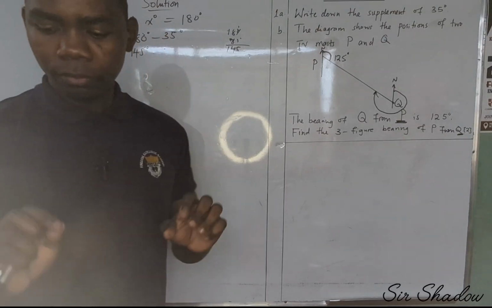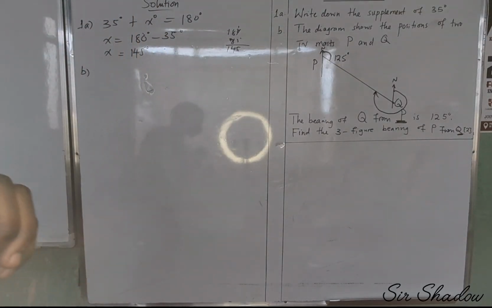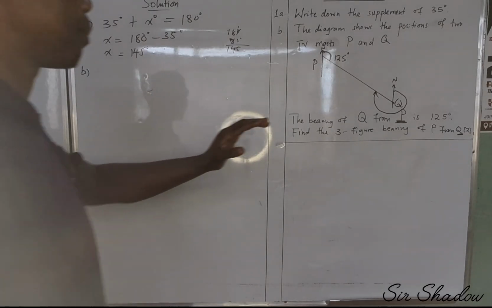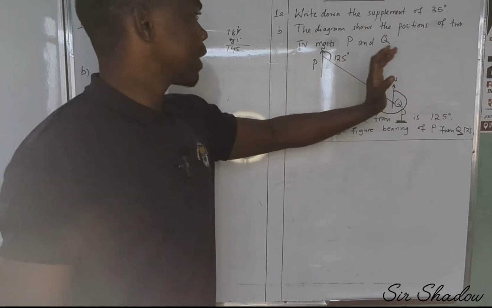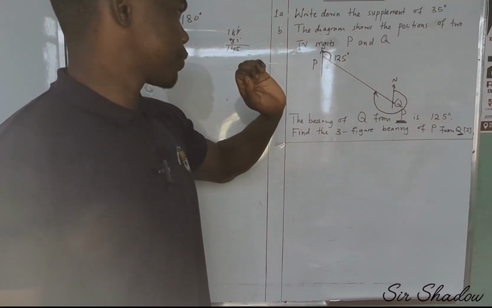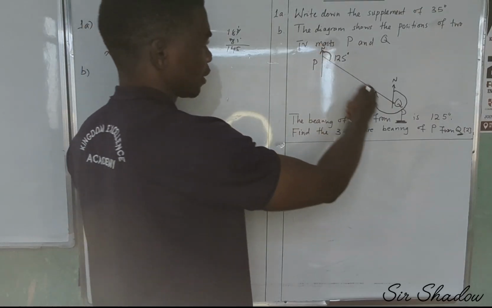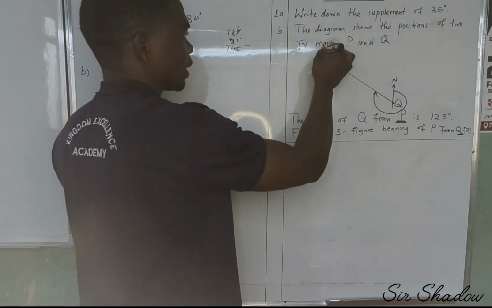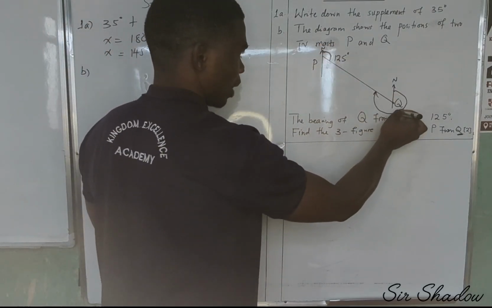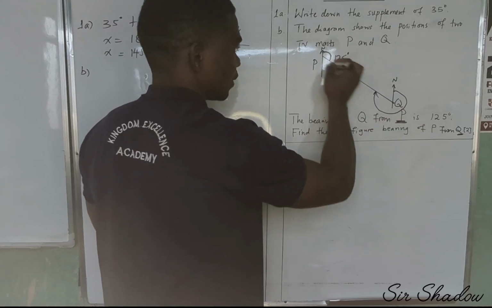Right, so for us to find this angle, we can apply the concept of Z angles. From this north, we move this way, and we have a Z angle here and a Z angle here.